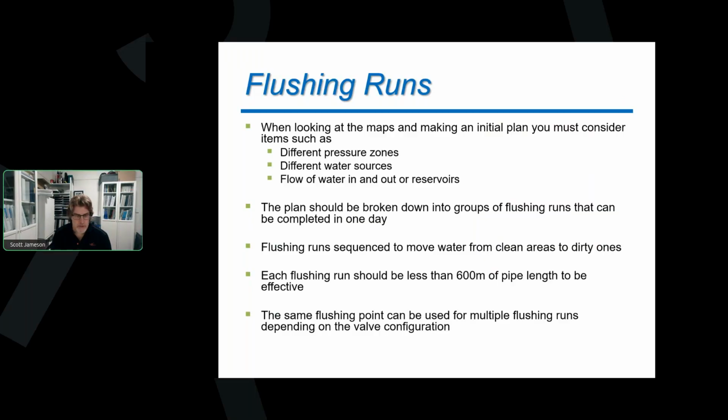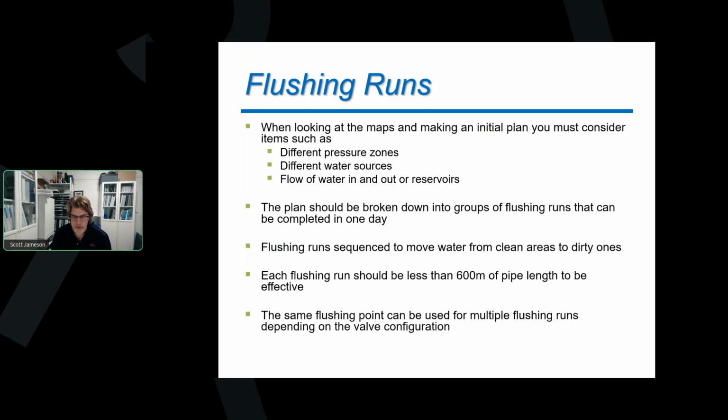Now, tied into that, the last one we have for trying to be efficient or effective with our flushing is, when we're looking at the map and drawing and starting to make out the plan, if there's a way that we can use the same discharge point for multiple runs, we want to try and do that.